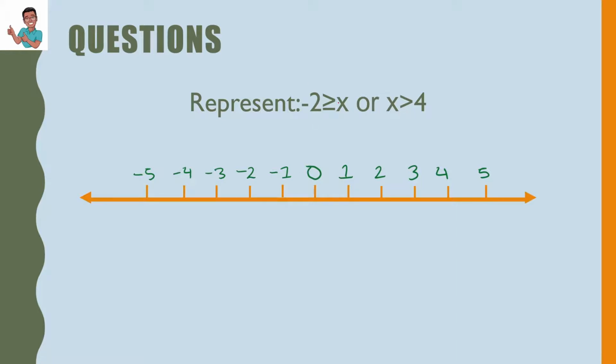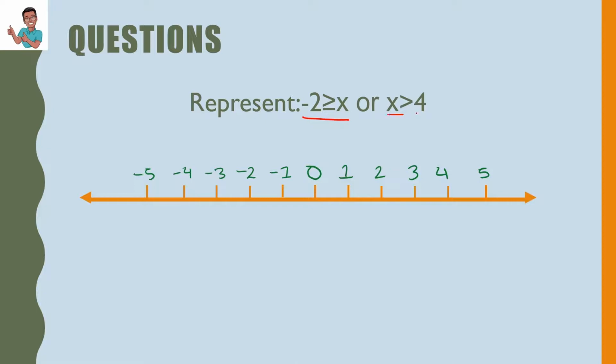It is saying for us to represent -2 is greater than or equal to x, or x is greater than 4. We'll start off with the first one. We'll draw a circle at -2. Since it has the equal to line, we're going to shade it in. And we can see that x is going to be less, so therefore we'll be moving in this direction.